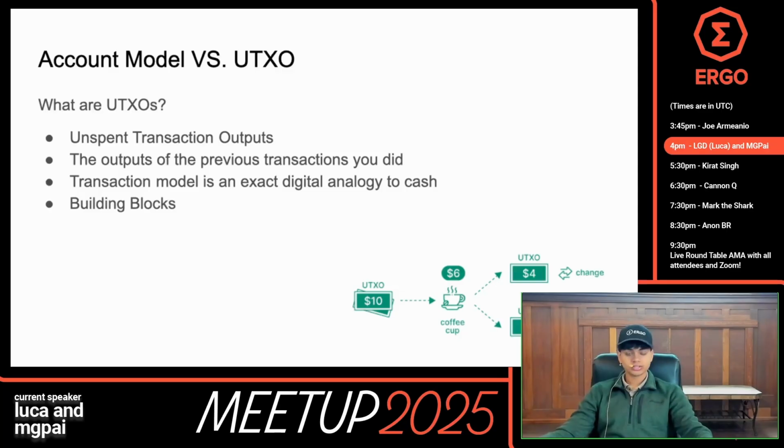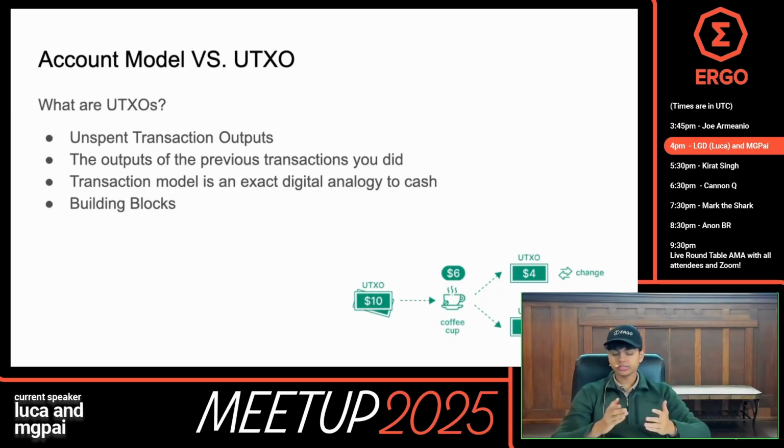So UTXOs stand for unspent transaction outputs. And it's basically the output of the previous transaction you did. So when you submit a transaction, you have a bunch of metadata, right? You have what went into the transaction and what came out of the transaction, and the outputs of this transaction are referred to as UTXOs.